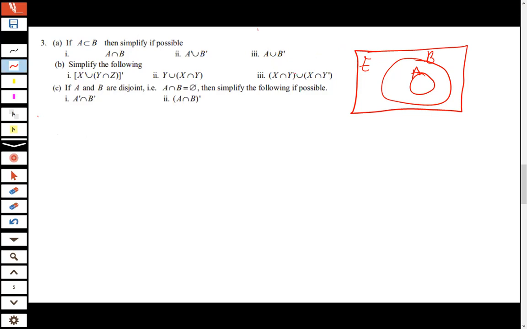When you draw the Venn diagram, you shade your A. Let us shade A. Shading A is simply just this part here. And then you also shade B complement. B complement is simply what is outside there. The question is asking us to find the union.